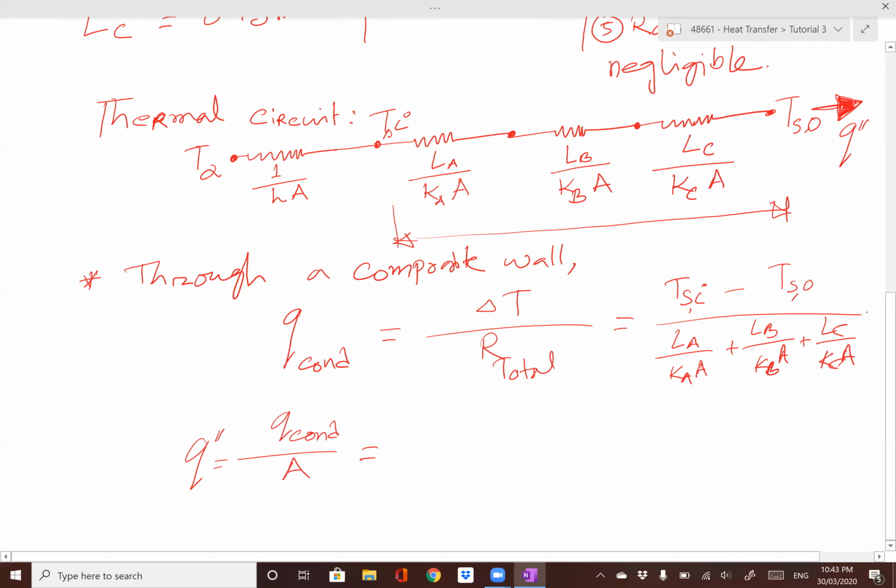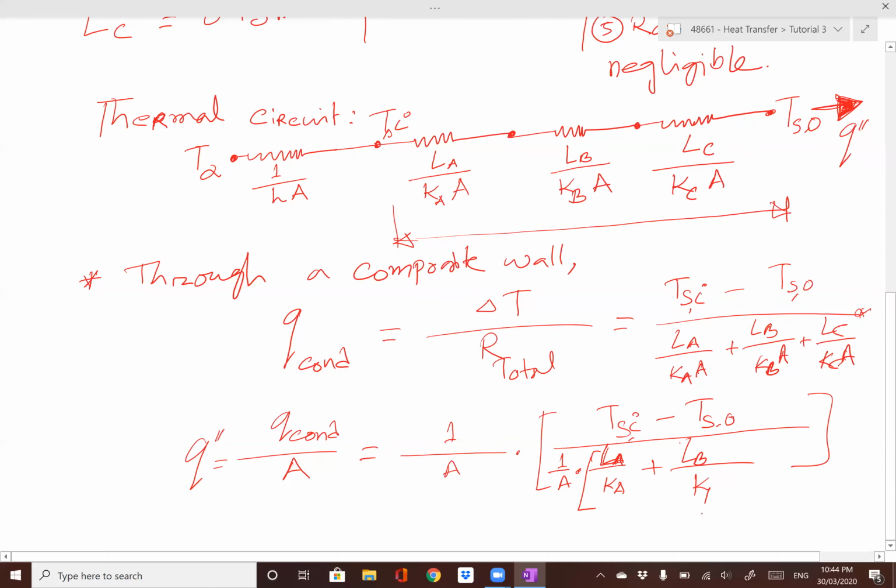So from the Q value here, we can write 1 over A times Q as the inner surface temperature minus the outer surface temperature, divided by 1 over A times the quantity: length for material A divided by thermal conductivity for material A, plus length for material B over thermal conductivity for material B, plus length for C divided by thermal conductivity for C. We can take common 1 over A, so this A will cross out.